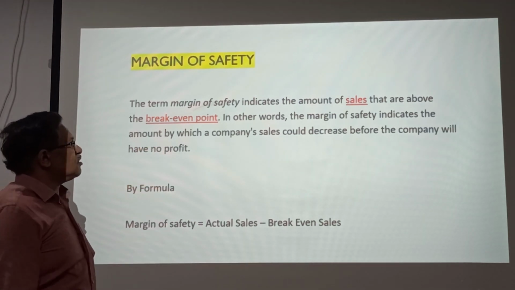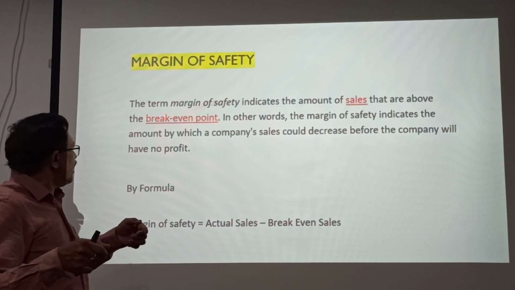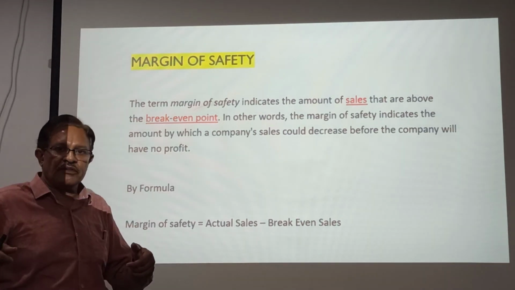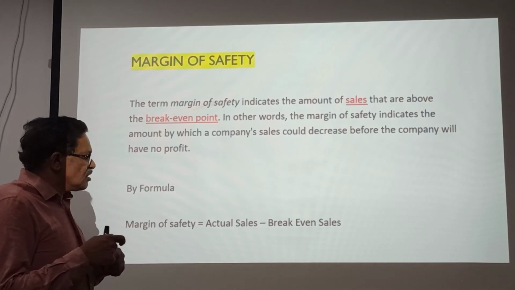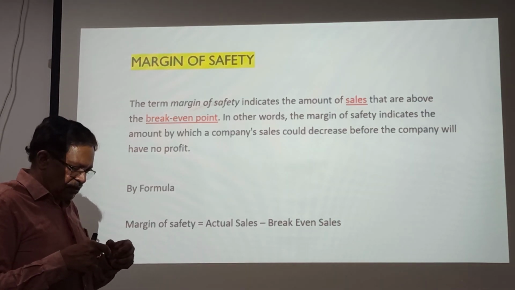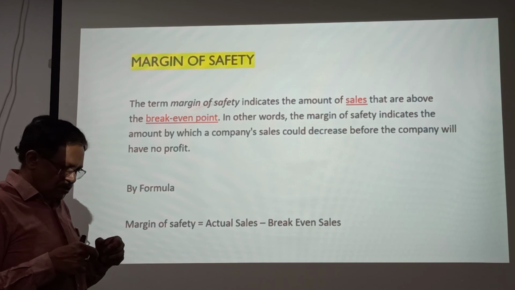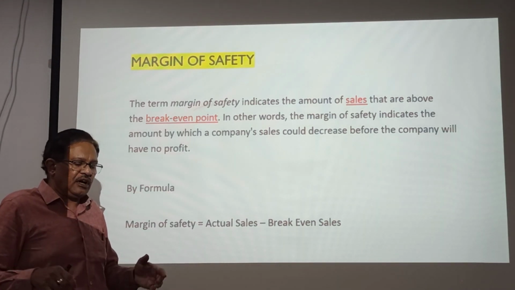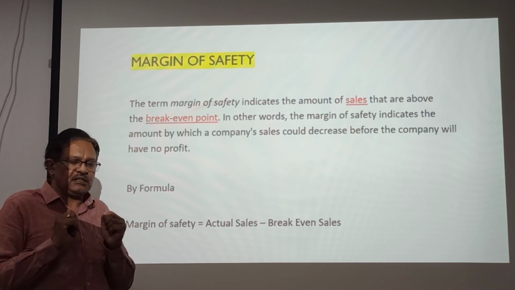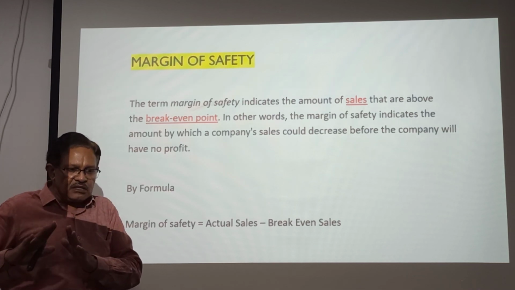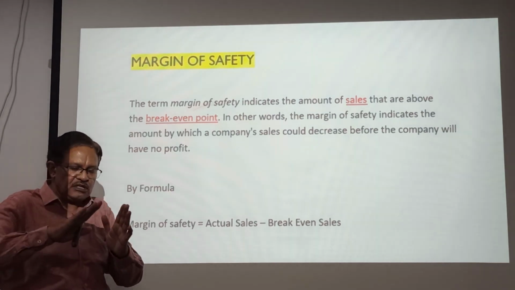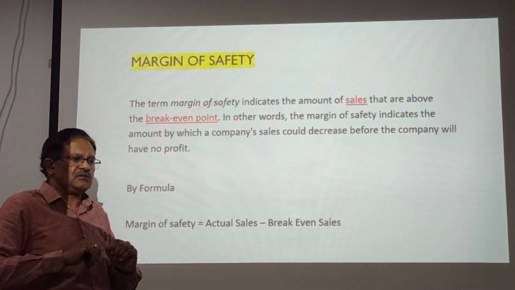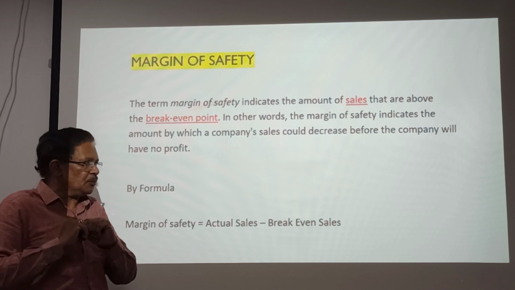In other words, the margin of safety indicates the amount by which the company's sales could decrease before the company will have no profit. So the margin of safety is the actual sales minus the break-even sales. That is, if the actual sales are 60,000 rupees and the break-even sales is 50,000 rupees, the margin of safety is 10,000 rupees.